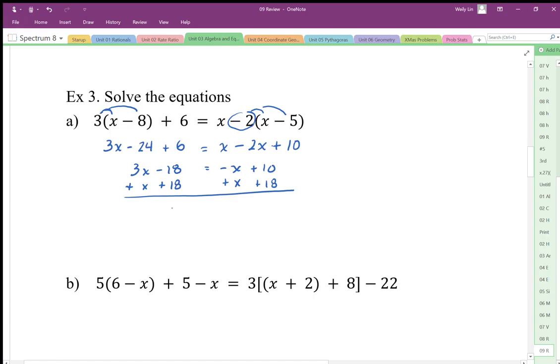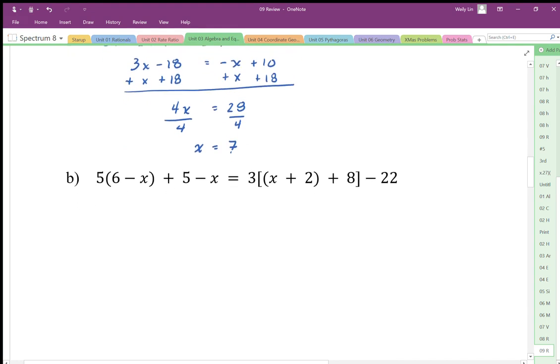So I end up with 4 x's on this side. The 18's cancel. I'm going to end up with 28 on this side. The x's cancel. I'm going to divide both sides by 4. And I end up with x equals 7. Again, showing all your steps, showing me the opposites, and showing me balance.